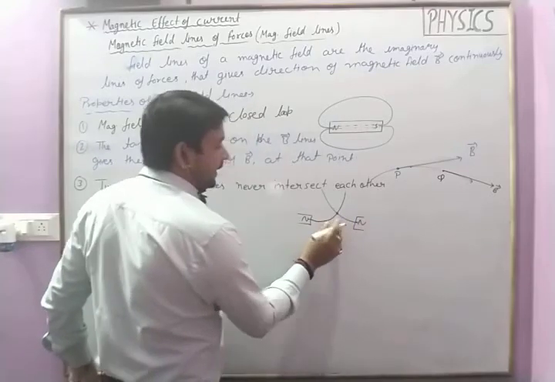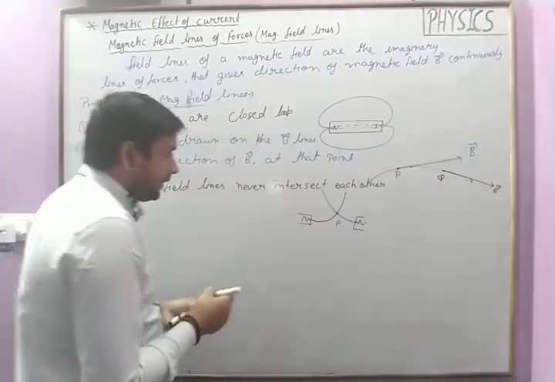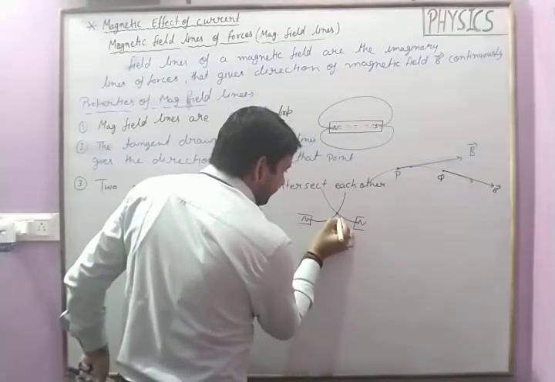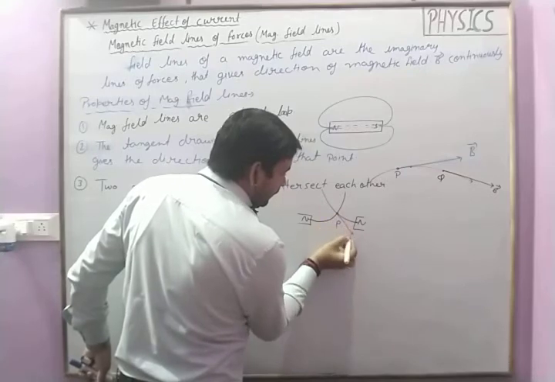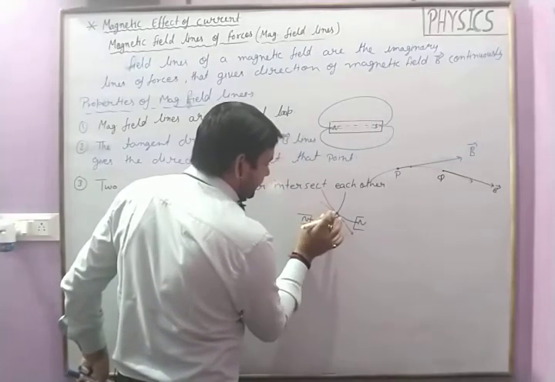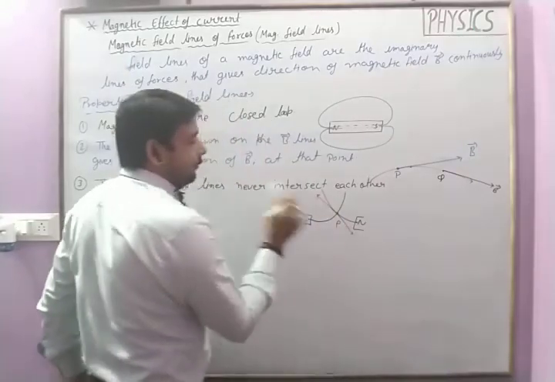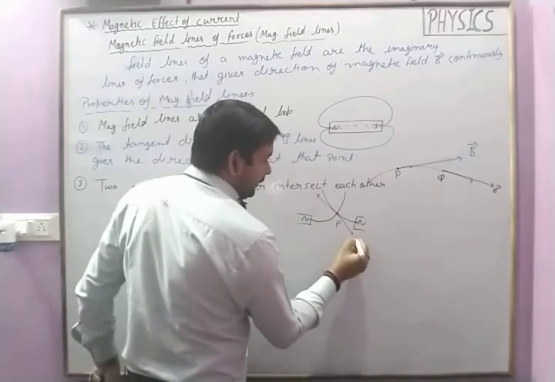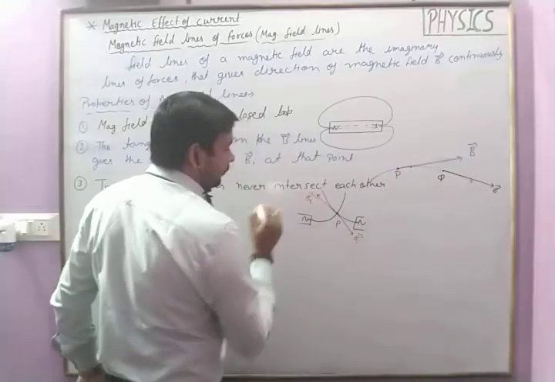If they intersect at this point P, we find that at that location two directions of the magnetic field can be given: this is the direction of one and this is the direction of the other.